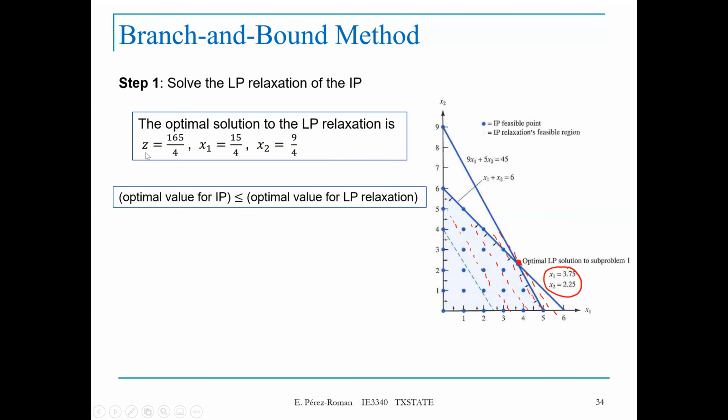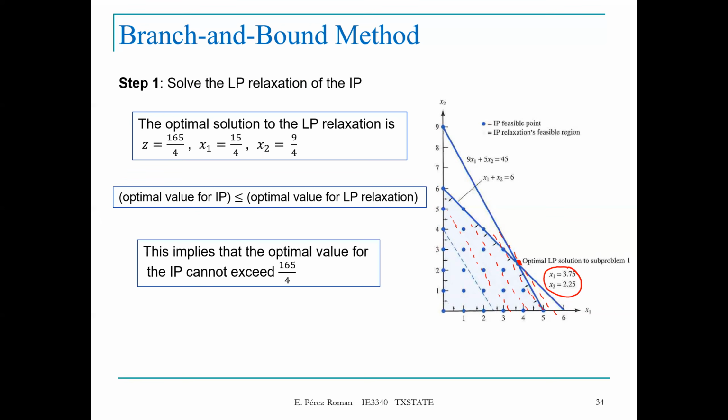So our objective function z, when we find the optimal solution for the integer programming, will be less than or equal to 165/4. It will never be greater than that. This implies that the optimal value for the IP cannot exceed 165/4.